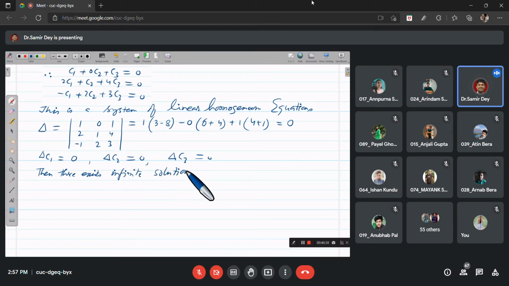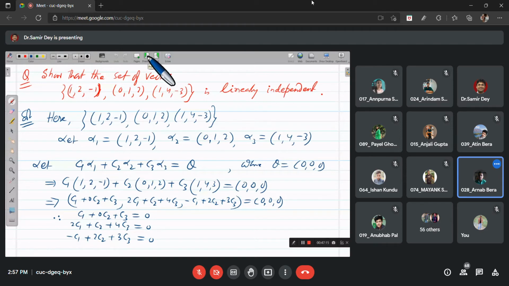Correct? Now we have to find that, because ultimately our objective is to find the values of C1, C2, C3. Let's check the second line: C1 plus alpha, C3 into 1, 4, minus 3.